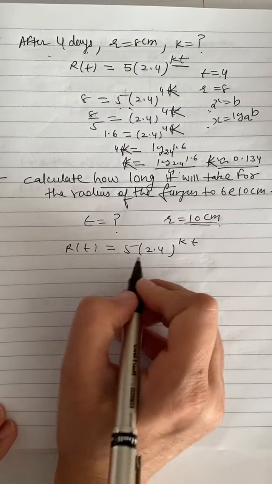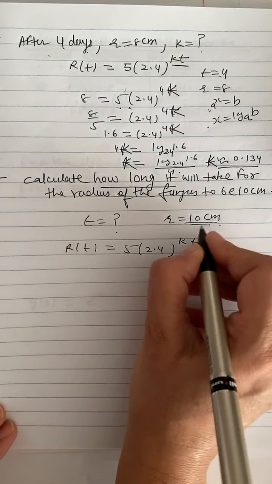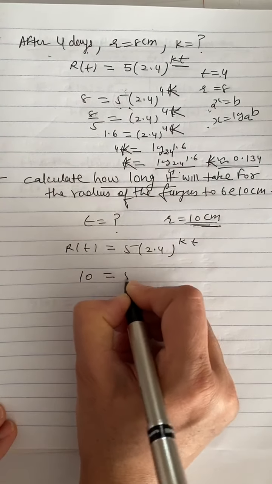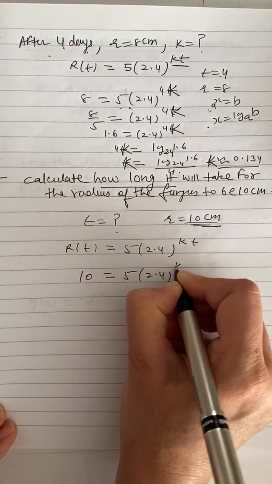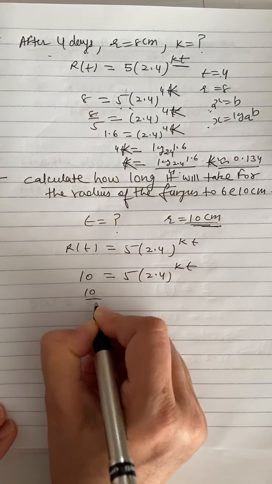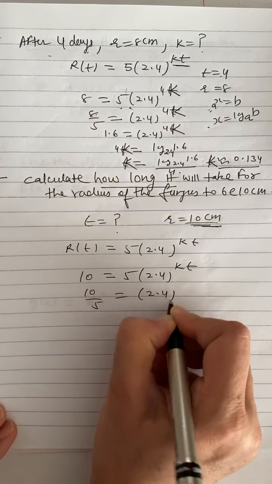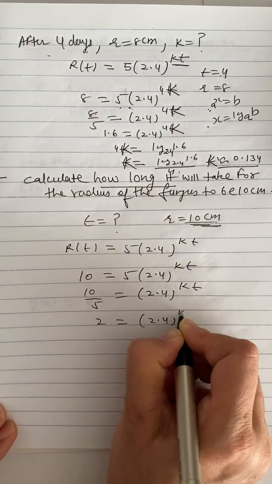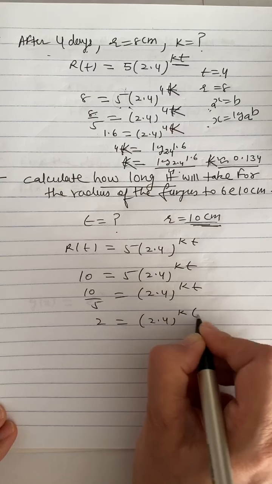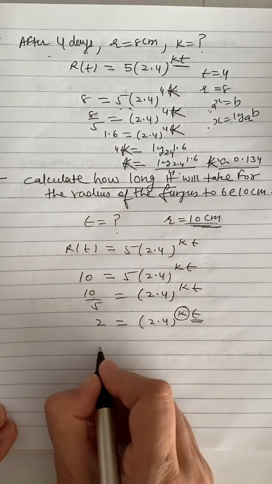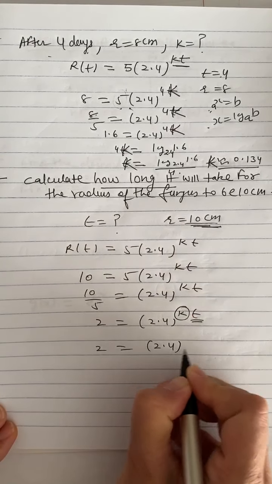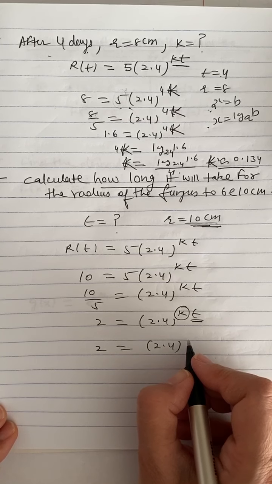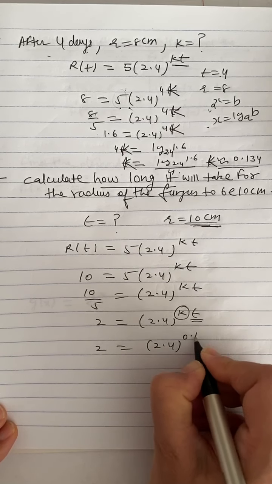So here you have R(t) = 5 times 2.4 to the power of kt, and R is 10, so I'm going to substitute that. I already know the value of k. So 10 divided by 5 is 2.4 to the power of kt, and then you get 2 equals 2.4 to the power of kt. We have to find t, but we already know k. So I can substitute that k, which we got was 0.134.